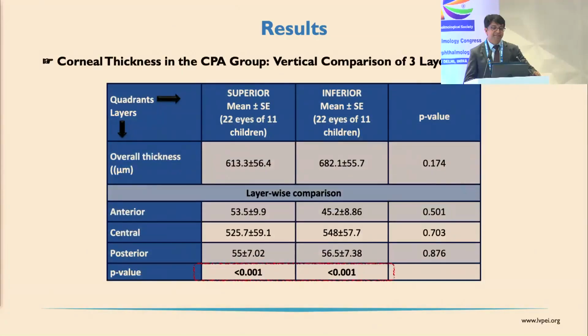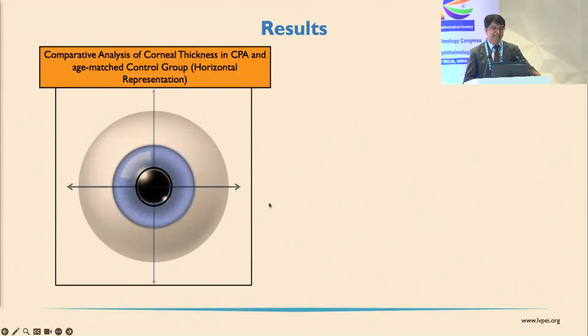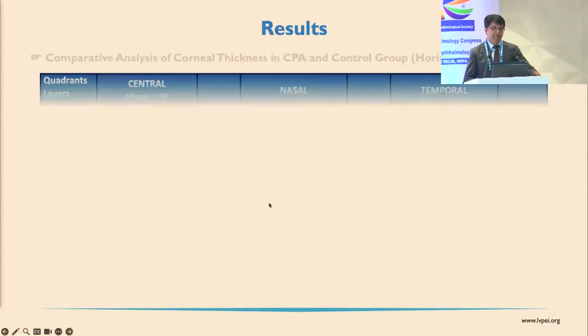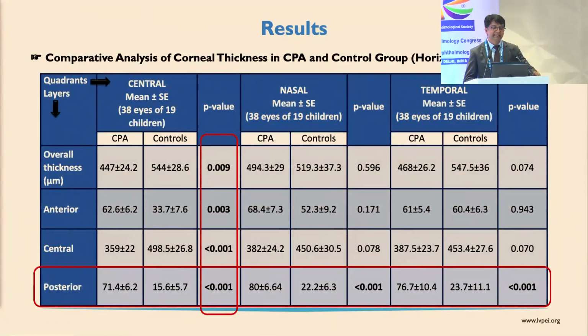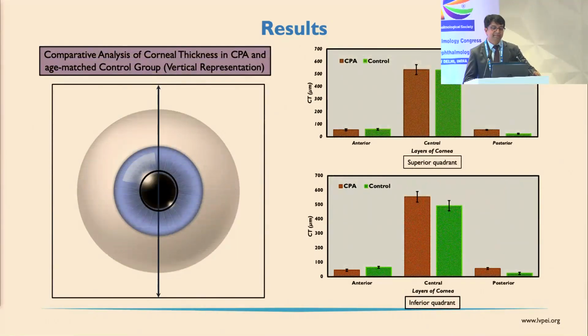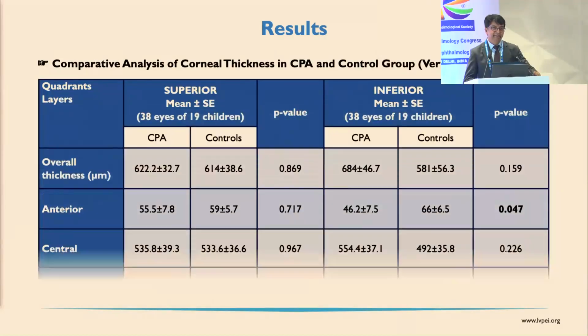The message here is that not only is there a global thinning, but the entire anterior, central, and posterior architecture is distorted. OCT can consistently tell us that this entity is congenital aphakia.